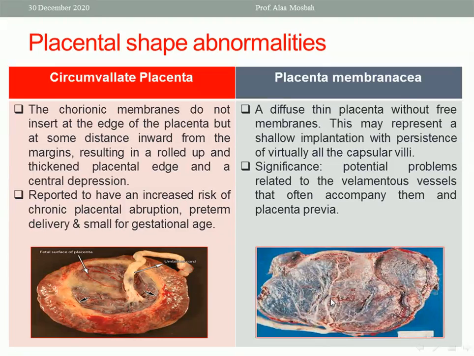So the possibility of occurrence of placenta previa is high, and occurrence of velamentous cord insertion with the cord blood vessels is high, which may cause severe antepartum hemorrhage from velamentous vessels, especially if it causes vasa previa, or from placenta previa.